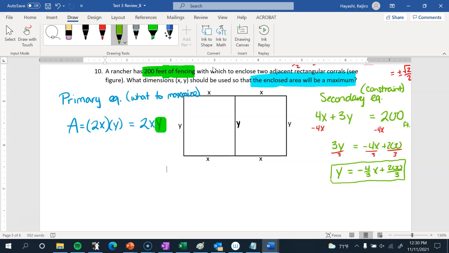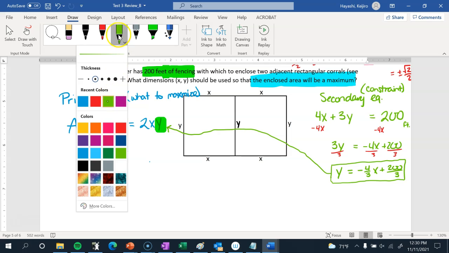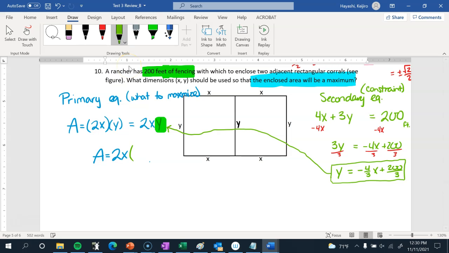So what we can do with that is to take this and replace y in the primary equation with this expression. So when we do that, A is equal to 2x, which is still there, but y gets replaced by this equivalent expression, negative 4/3 x plus 200/3.